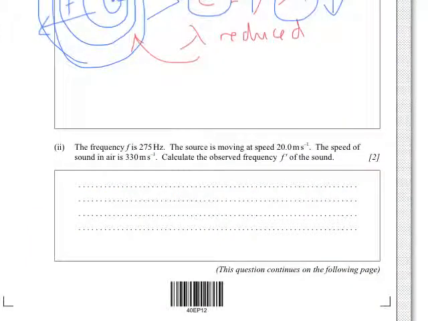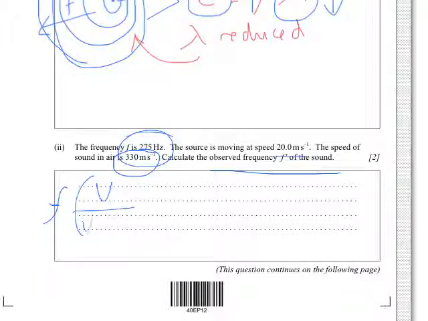Now the frequency f is 275 hertz. The source is moving at a speed of 20 meters per second. The speed of the sound in air is 330. Calculate the observed frequency. You have in total 4 relationships, and you just have to remember that when the object is moving towards a stationary observer, you use this relationship: f dash equals f times v over v minus u.